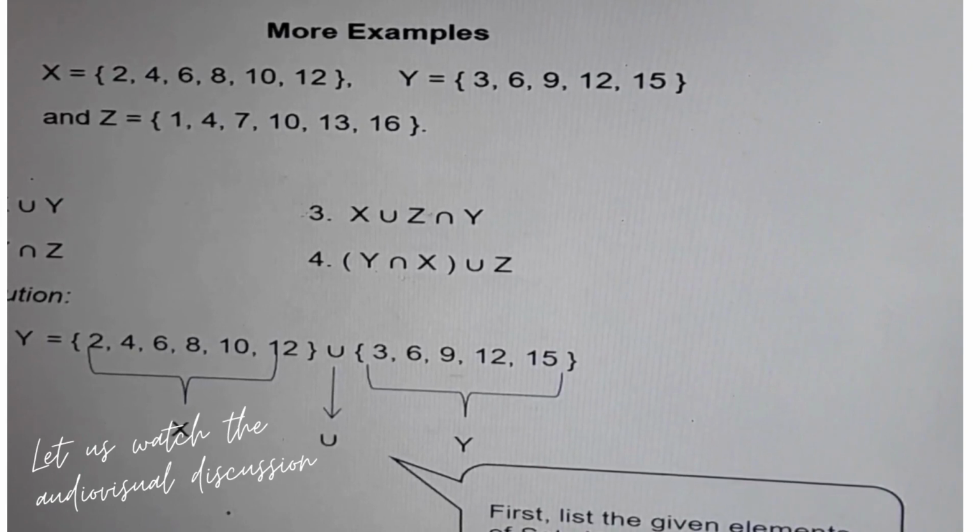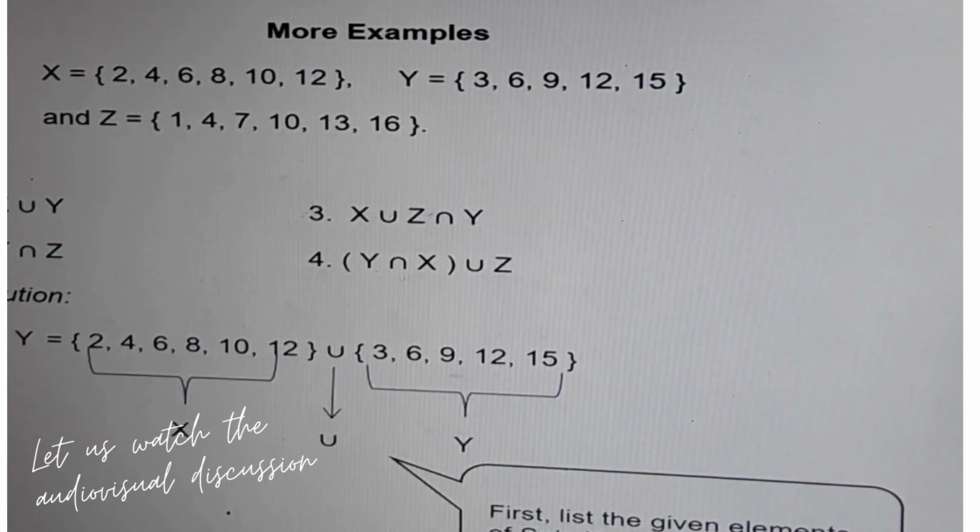Number 3, the union between X and Z, intersection Y. Considering first the union between X and Z, we have 1, 2, 4, 6, 7, 8, 10, 12, 13, 16.